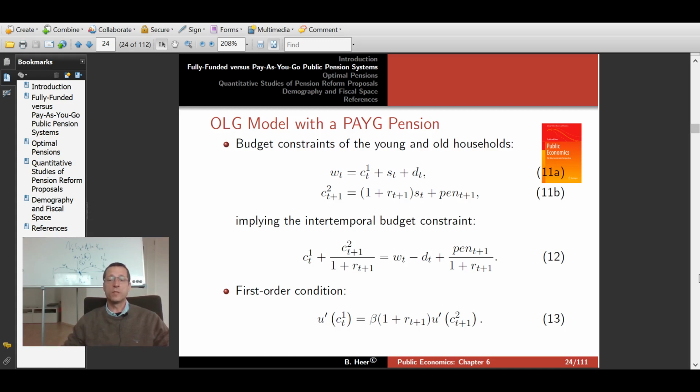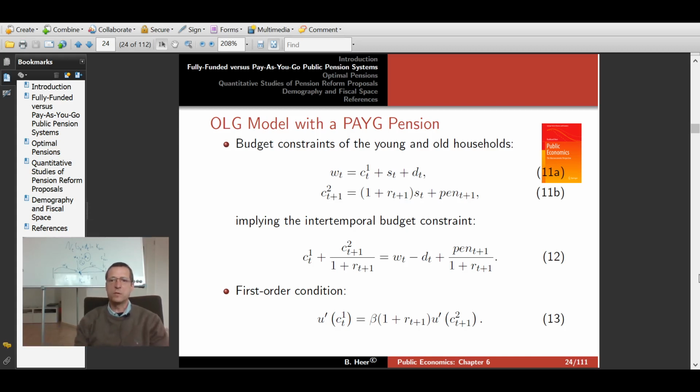And he receives a pension pen_{t+1}, but he knows this pension does not depend on his decision. It depends on how much future generations will contribute. So his contribution d_t right now is not related to his pension in period t+1. It relates to the pension in t, but not to the pension in t+1.